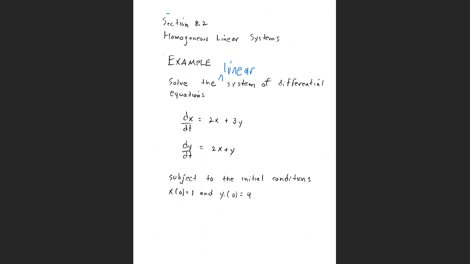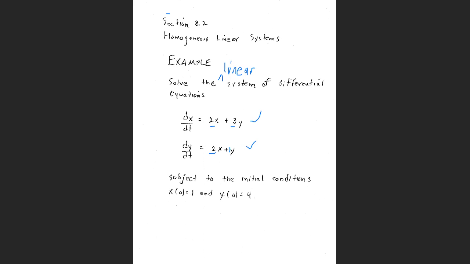So you have 2 differential equations below, and you notice before the x and the y you have constants. That's a 1 there. This is just called a linear system of differential equations, and it turns out that we can solve linear systems quite nicely.